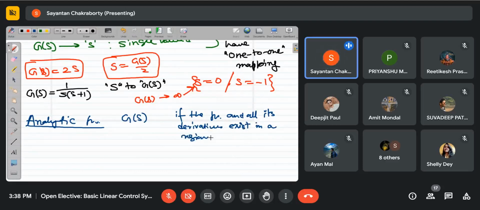Then it is called an analytic function in that region.